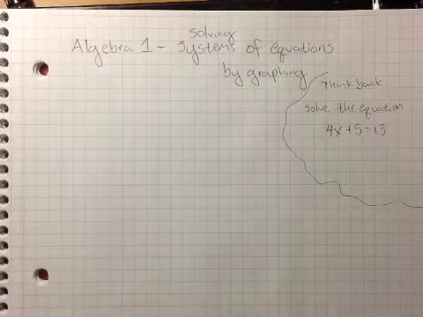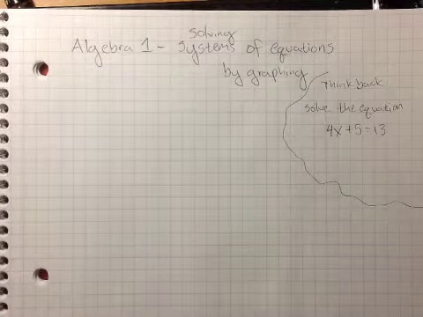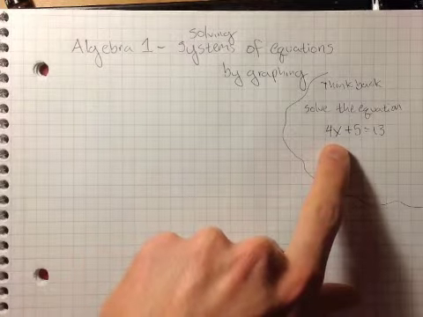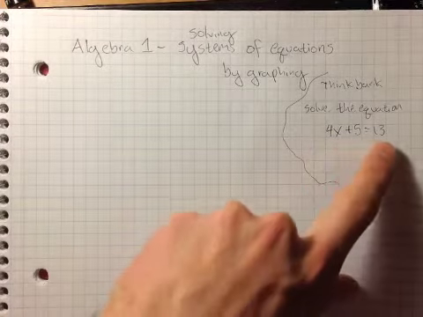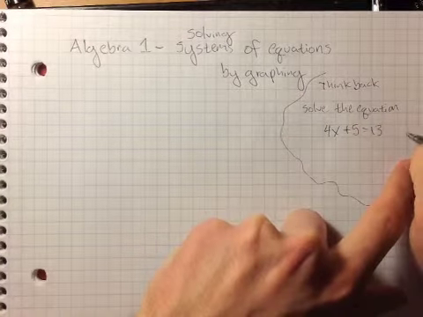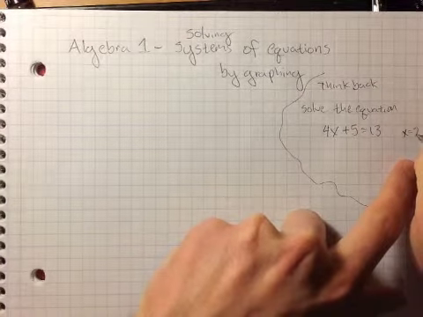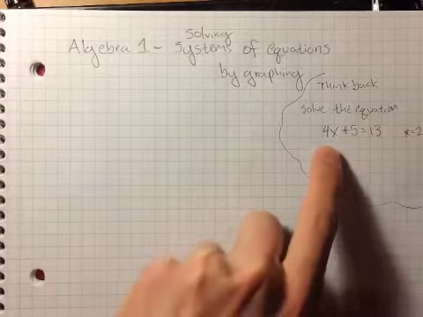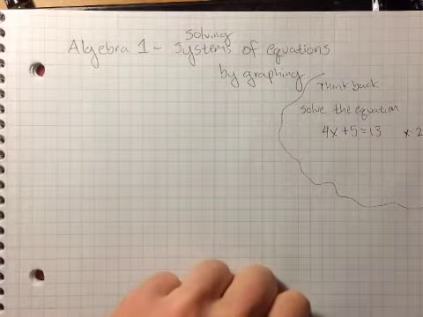It means find a number that I can stick in for x that will make that equation true. In this case, the answer is x equals 2. 2 is a number that you can stick in for x to make that equation true.